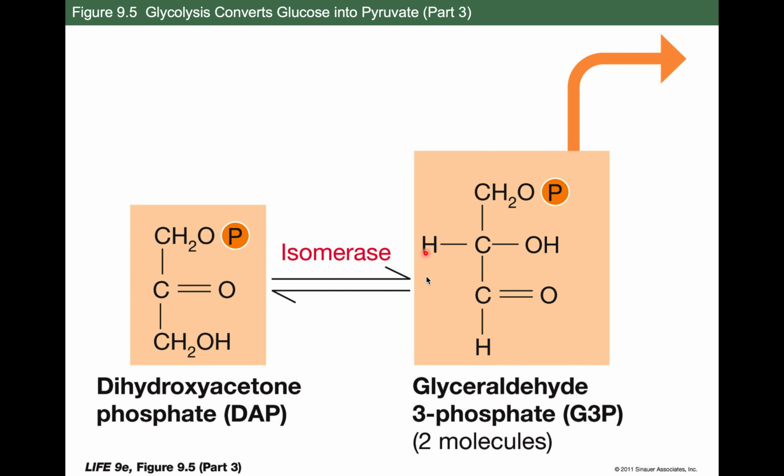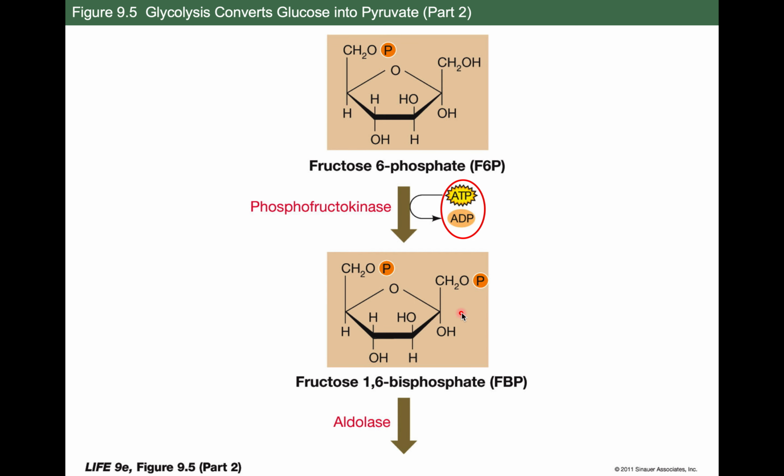The cell can only use G3P in subsequent steps, but so as not to waste the other 3-carbon molecule, the cell contains an enzyme that can convert the DAP into G3P. So essentially we get 2 G3Ps. Going back a slide, we're splitting the 6-carbon sugar into 2 3-carbon G3Ps. That's basically what's happening.